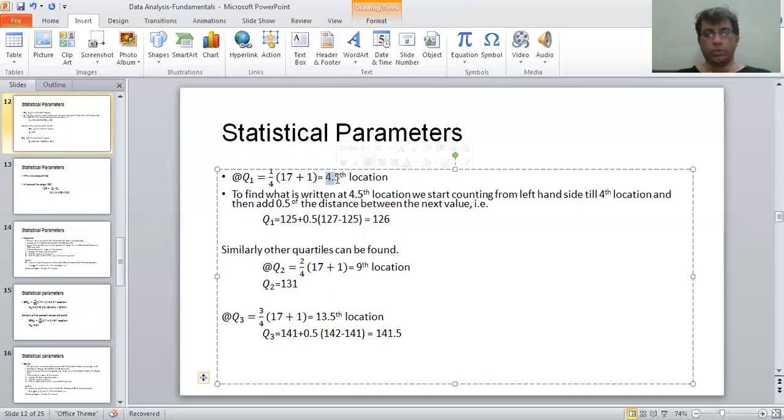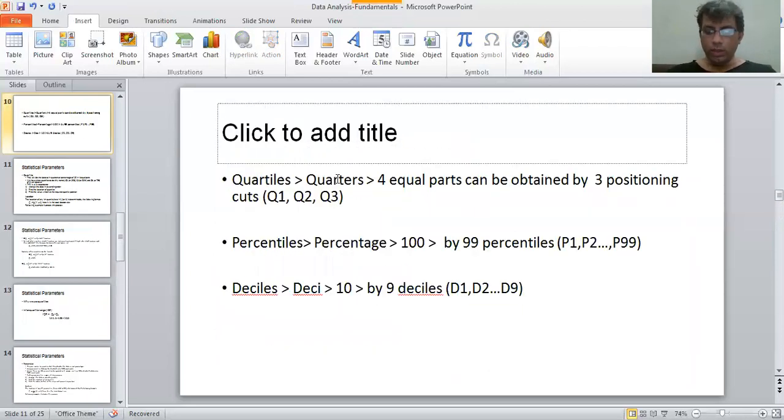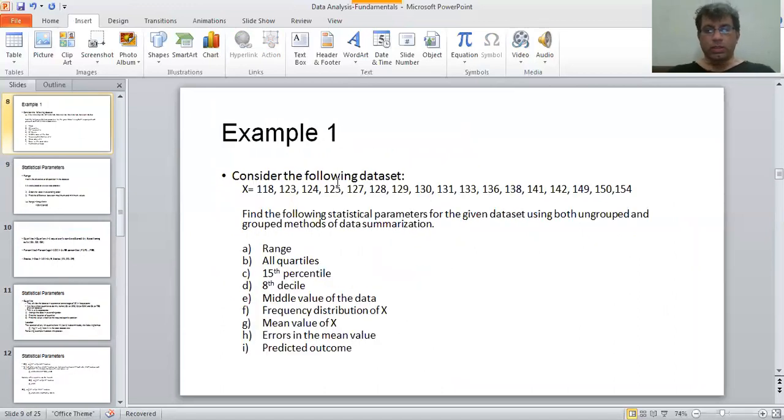And what is that value? Now, let's see how we find this value. This value can be determined very easily. This is the data set, and we just saw that at the 4.5th position is the Q1.